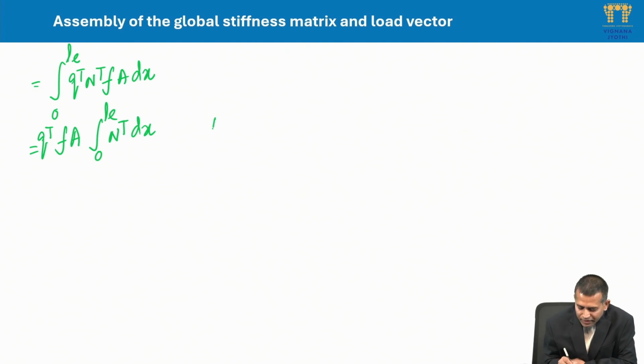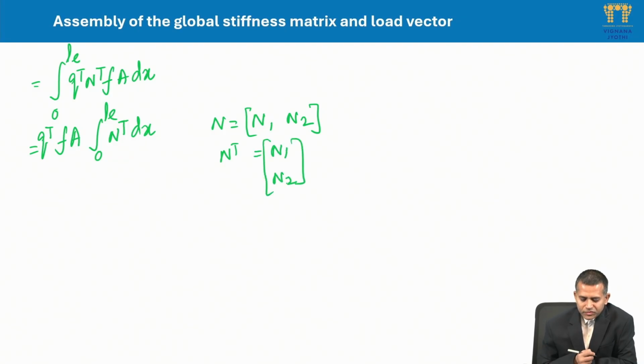We know what this N is. N is nothing but your N1, N2, which is the shape function matrix, right? So when you write the transpose, this is nothing but your N1 and N2. And what is this shape function N1? You know the shape functions in the global coordinate system.